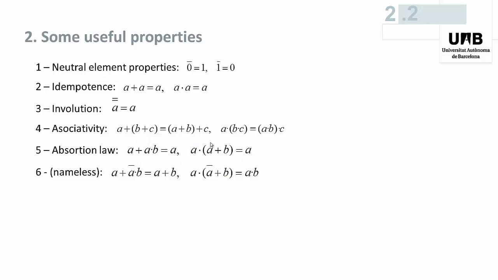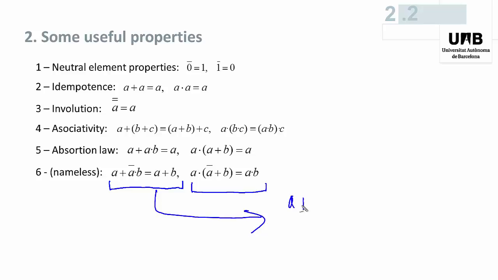Another interesting property that can be used to minimize expressions is that a plus not a times b is the same as a plus b, or symmetrically that a times not a plus b is the same as a times b. As an exercise, let us try to demonstrate this property.